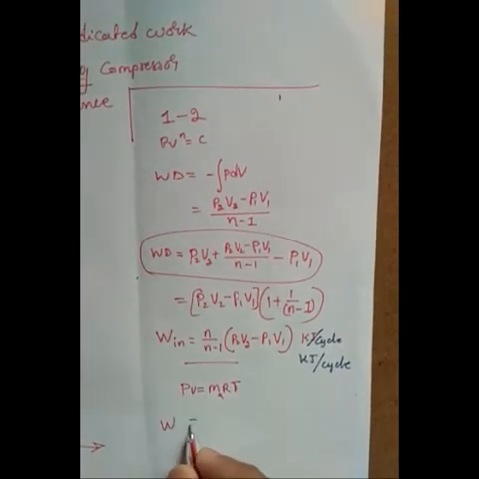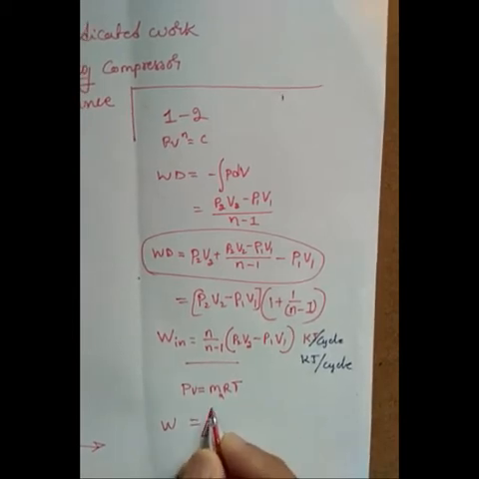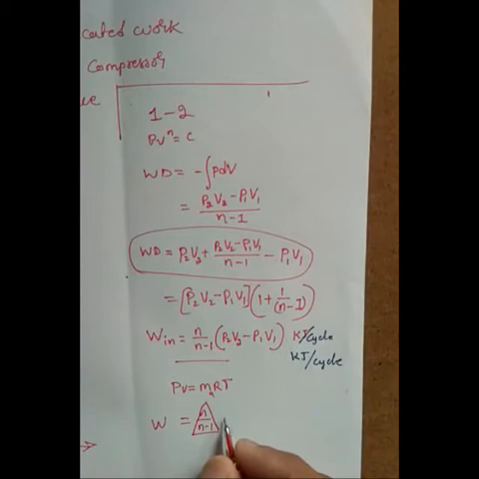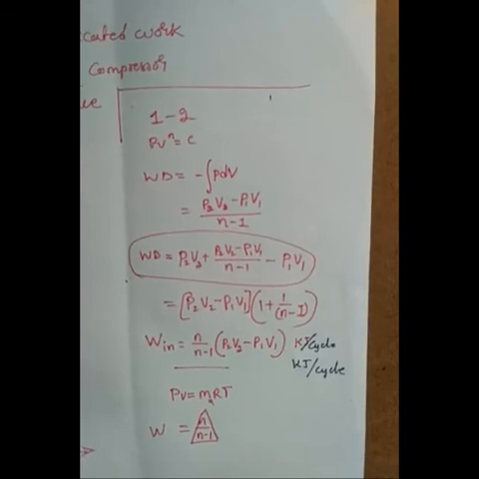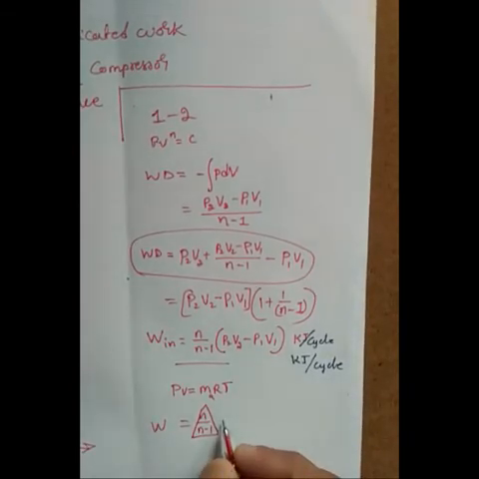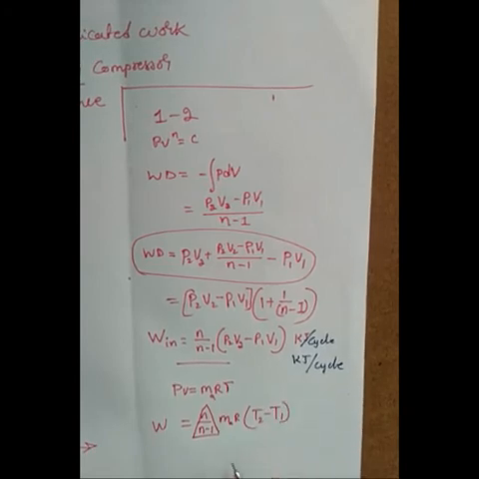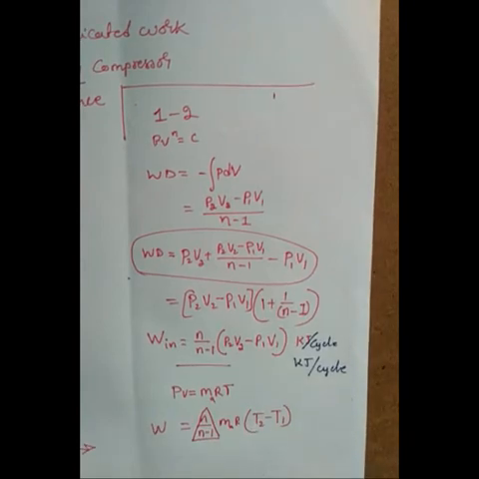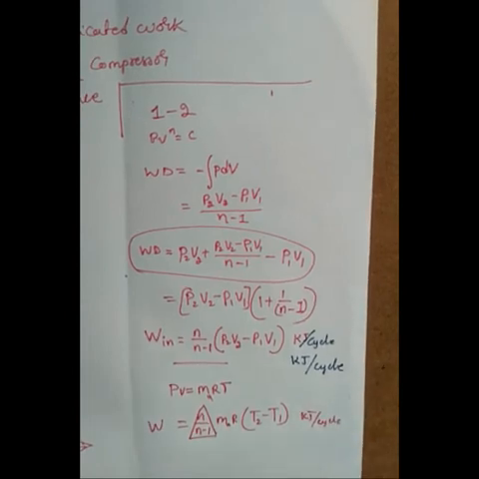So W is equal to, as usual, n by n minus 1 into we will substitute mR into T2 minus T1. We will get this in terms of T2 minus T1. Then again this is also in kilojoule per cycle.